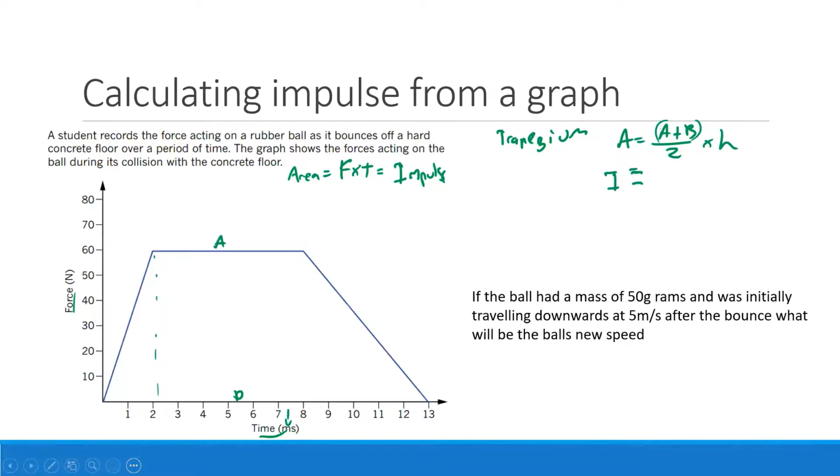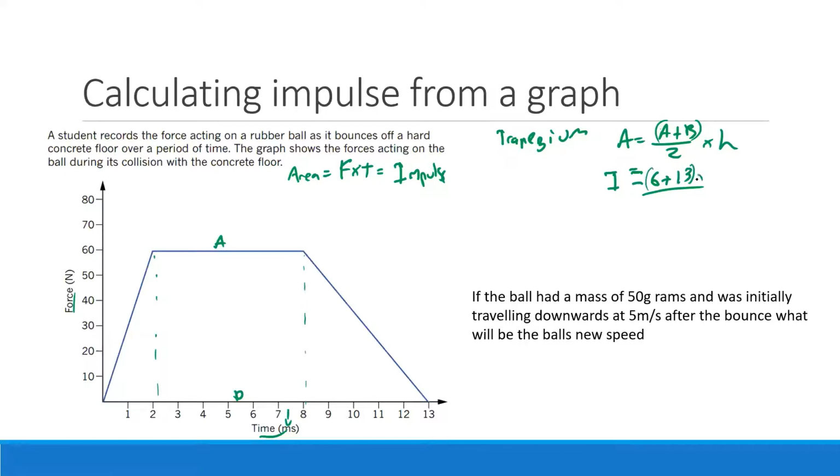A in this case is the top, which is going from 2 to about 8. So that's 8 minus 2, which is 6, plus B, which is the base, which is 13. 6 plus 13.